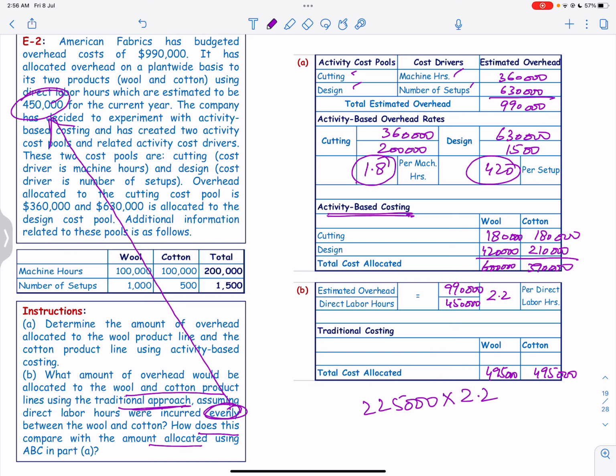So the wool product line is allocated 105,000 more overhead cost when activity based costing is used, and as a result the cotton product line is allocated 105 less. You can see we have 390 and here we have 495.